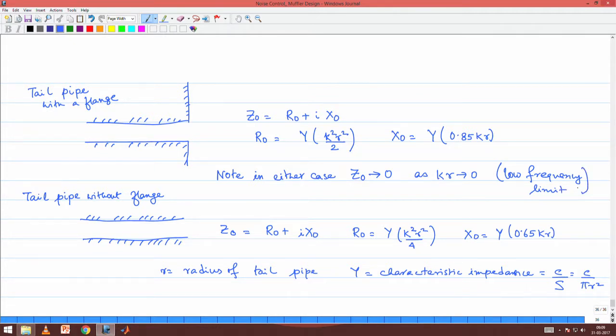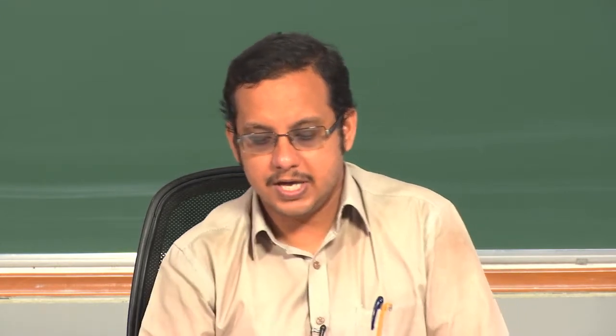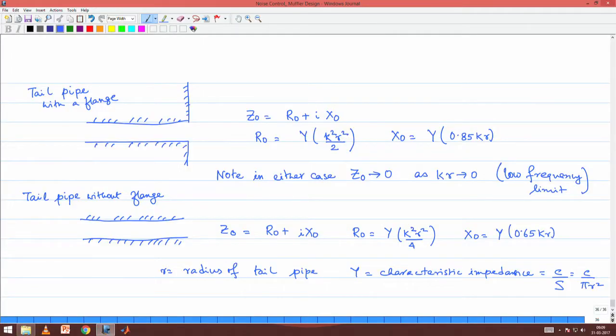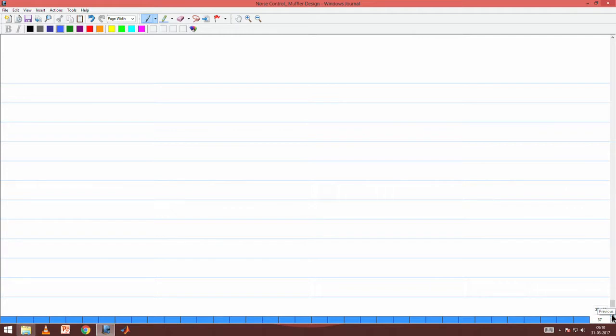We can say that the boundary condition pressure equals 0 is applicable only in the extreme low frequency limit, but if you want to do a more accurate analysis, then you have to take in this factor kr. Okay. So, kr governs the radiation impedance. Okay. Next we will move to one more aspect which is called the source impedance.